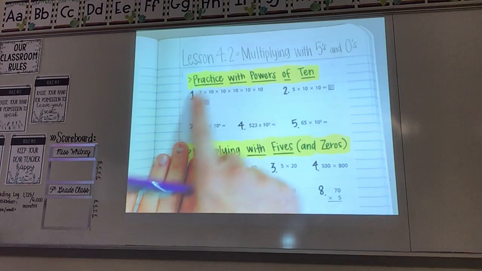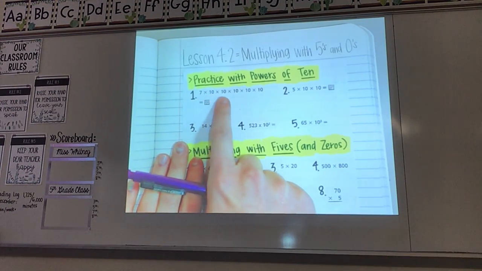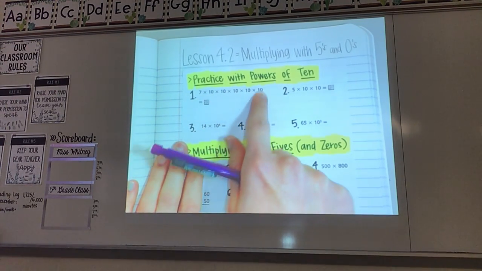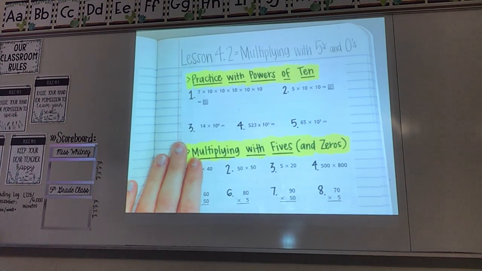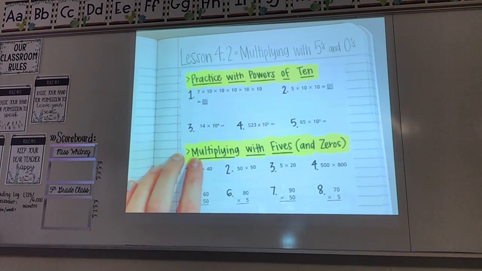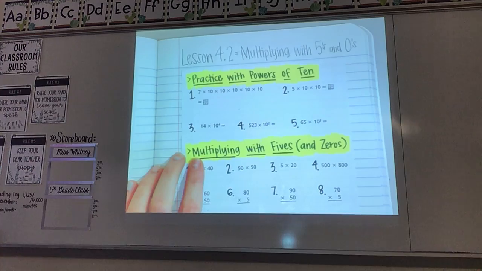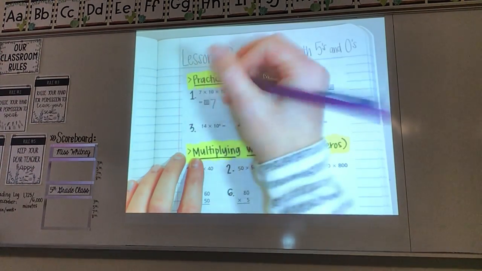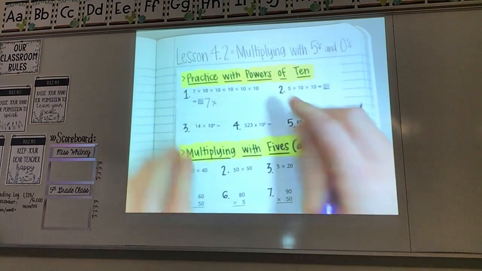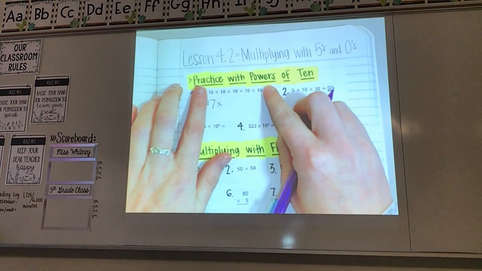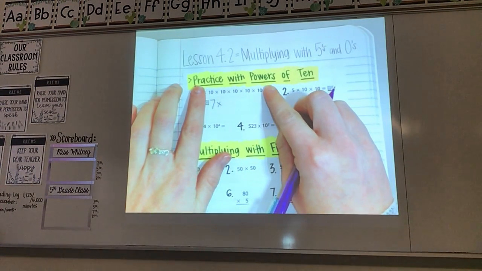They're giving us 7 times 10 times 10 times 10 times 10 times 10, and they would like for us to write it using our powers of 10 and our exponents. So we see that we're taking 7 times, and we want to put all of this as a power of 10 with an exponent.